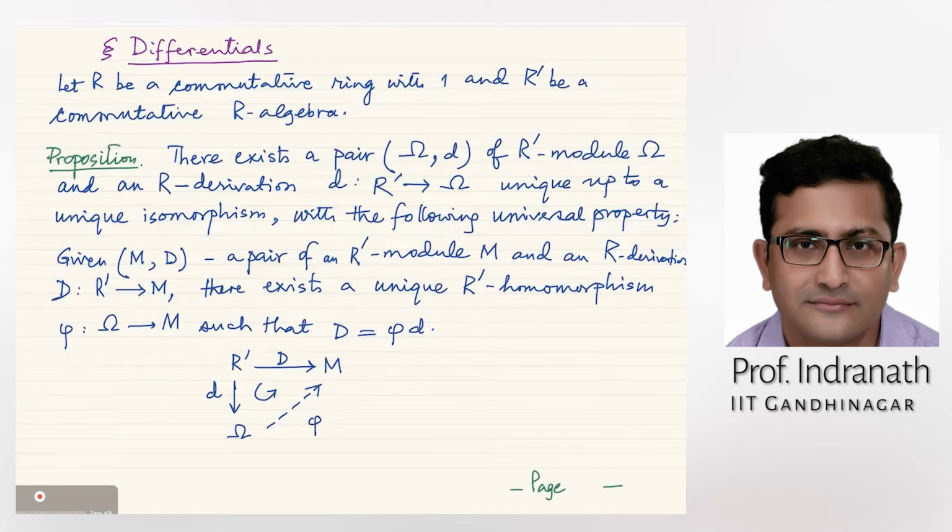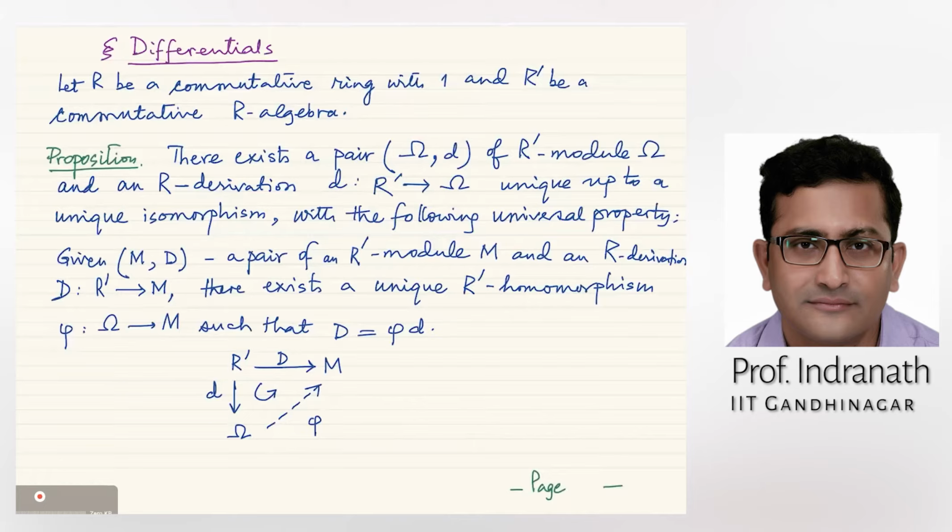So this is the universal property: if you have an R-derivation here for an R'-module M, and this is the derivation that has come with Omega, then this derivation would factor through this unique R'-linear map from Omega to M. So this is the universal property for the module Omega with the derivation d.